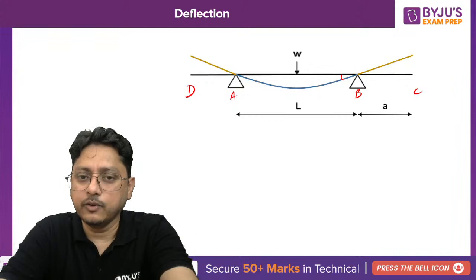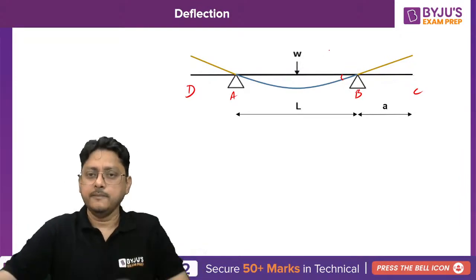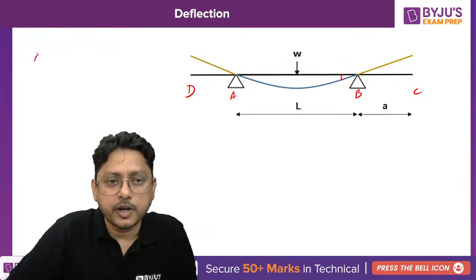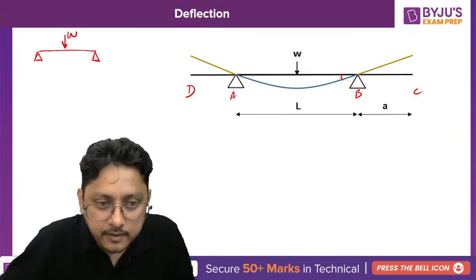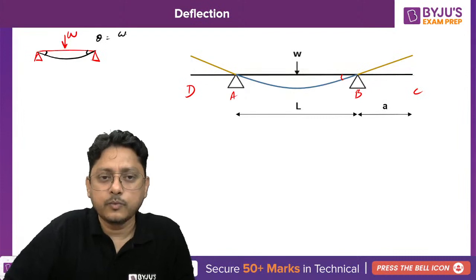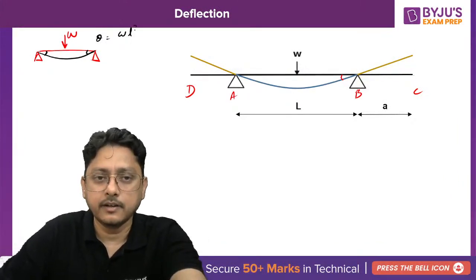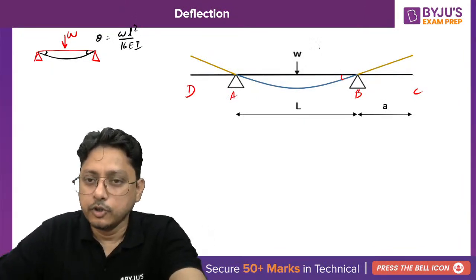For a simply supported beam with a concentrated load at the mid of the beam, theta, whether you take it here or here, is nothing but WL square by 16 EI, isn't it? You know the theta value.